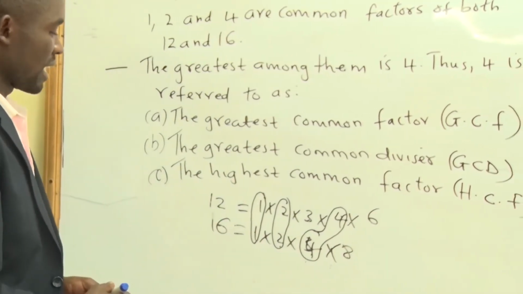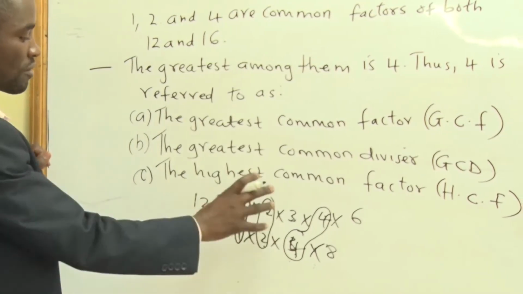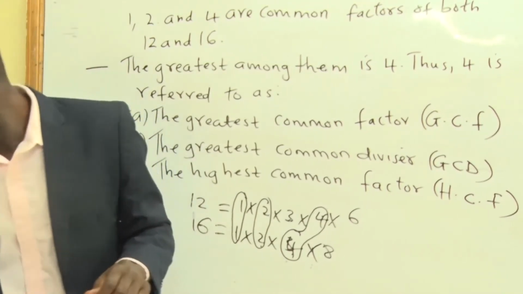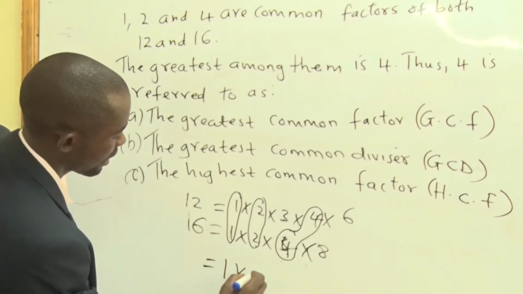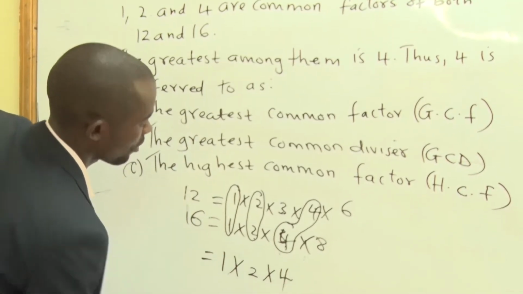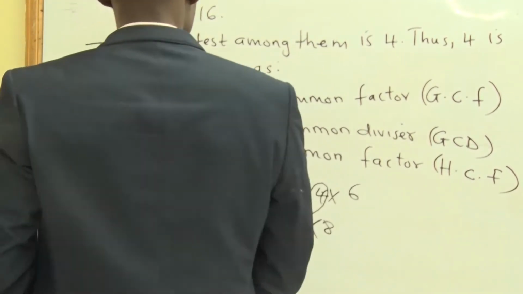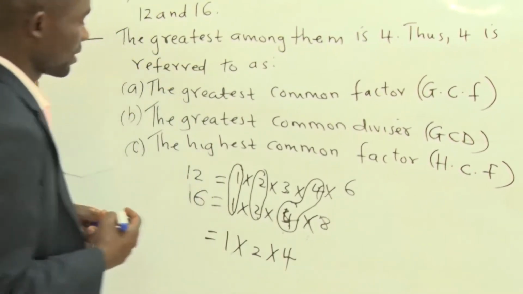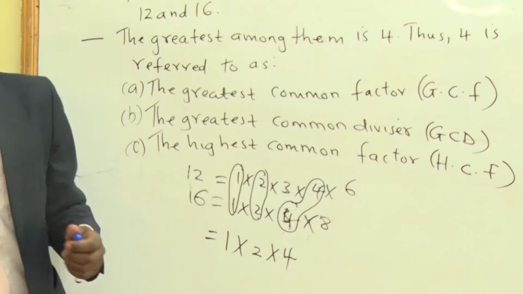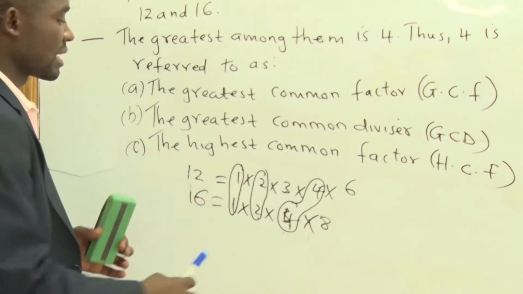Once you have realized that, then for the greatest common divisor, we actually don't multiply, but we just pick the greatest common factor.